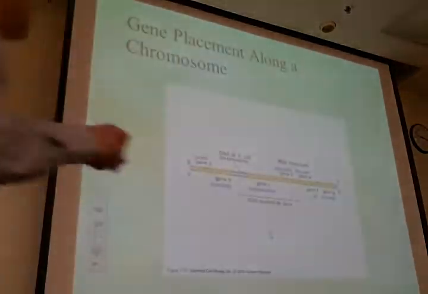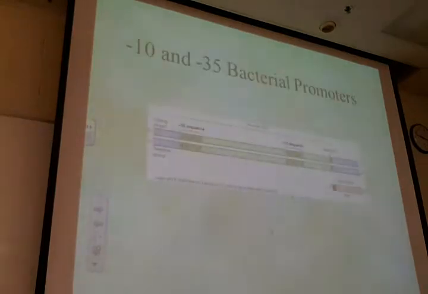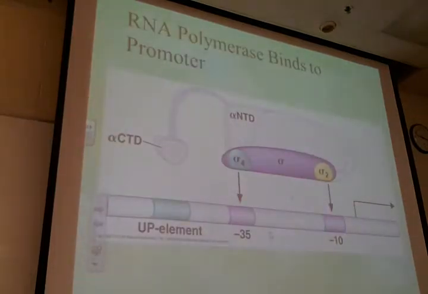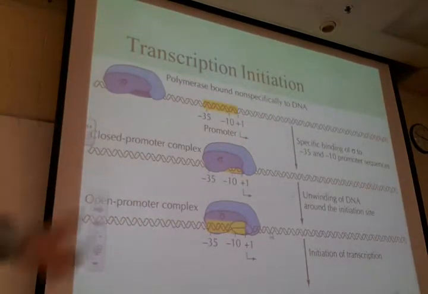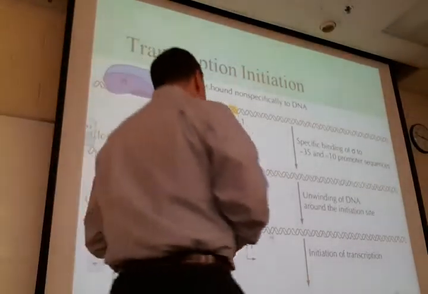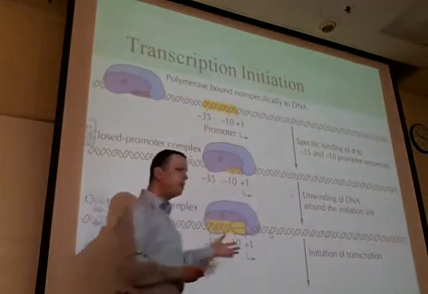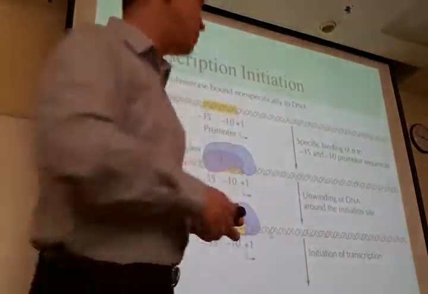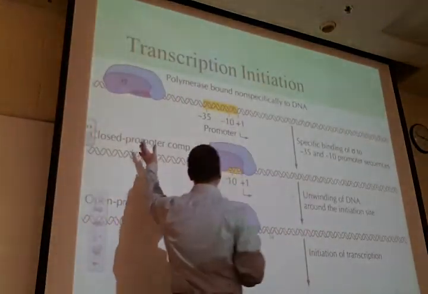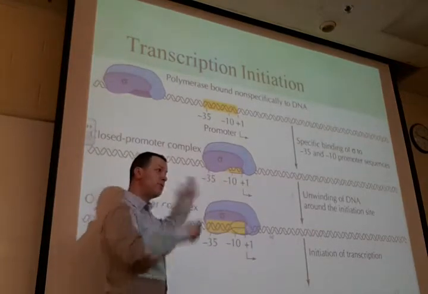And so without sigma, transcription doesn't always start correctly. Can you do transcription without it? Yes. Does it start as accurately? No. So sigma lends a high degree of accuracy to this process, and it increases the rate at which it occurs, because otherwise, without the sigma, the rest of the RNA polymerase is just kind of wandering around.